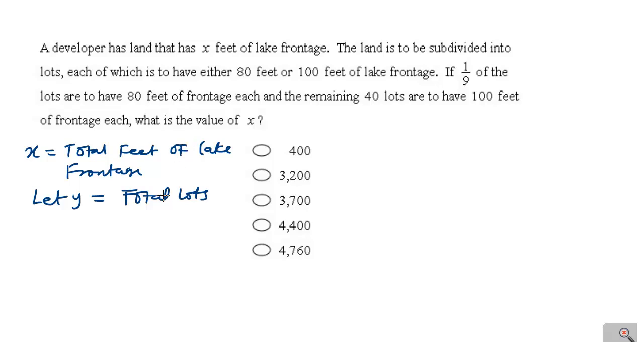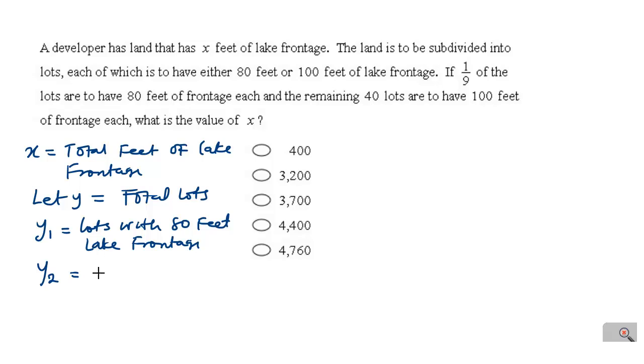To simplify this, let Y1 be the lots with 80 feet of lake frontage, and let Y2 be the lots with 100 feet of lake frontage.